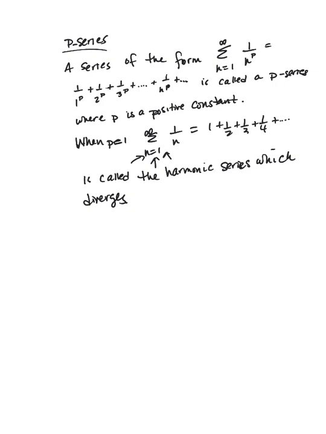Okay, so let's look at the P-series test. Okay, so 1. If p equals 1 or is less than 1, either or, the series diverges.